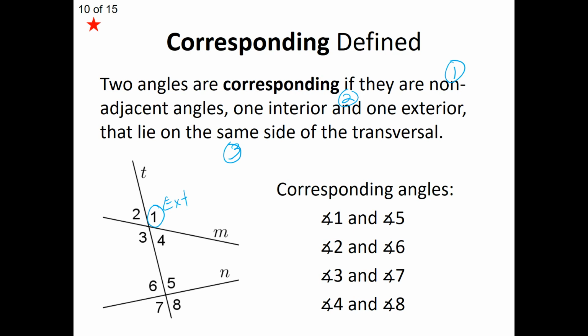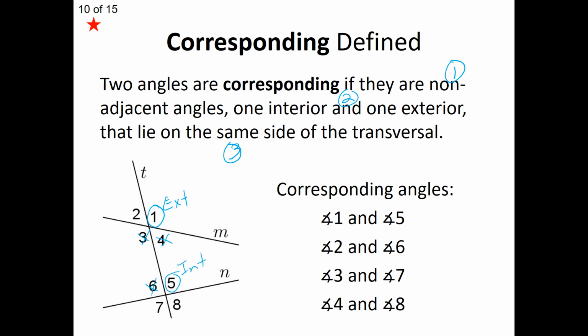Well, I can't pair it with 4, because it's adjacent to it. And I also can't pair with 3 because it has to lie on the same side of the transversal, which means it can't be 4, those are adjacent, can't be 3 because they're on opposite sides, and it also can't be 6 because they're also on opposite sides, which then leaves me with only one interior angle I can pair it with, and that's angle 5.